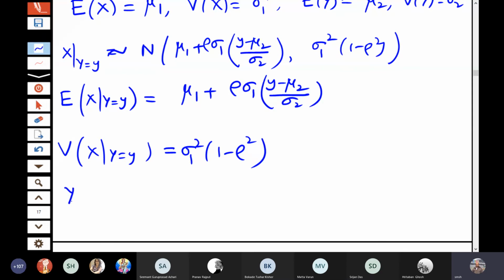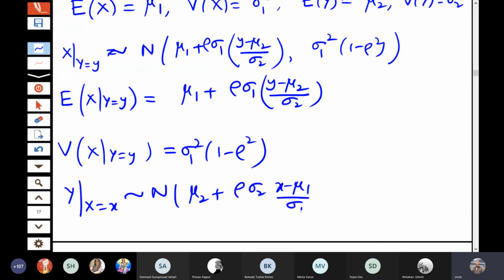Similarly, the conditional distribution of Y given X is normal with mean mu2 plus rho sigma 2 (x minus mu1) by sigma 1, and variance sigma 2 square (1 minus rho square).